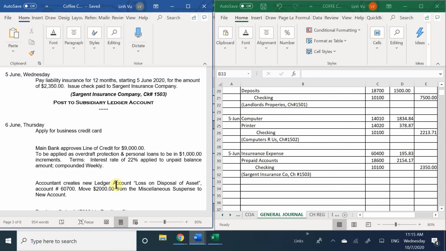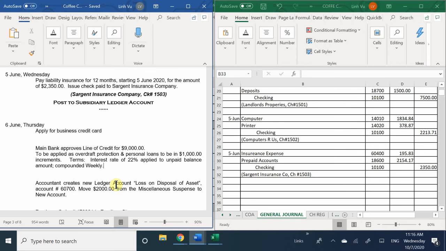Okay, but what is the catch? What has to happen in order for this line of credit to be applied? Overdraft. We have to make a purchase. Exactly. So in this case, this is basically an overdraft protection plan that we applied for.